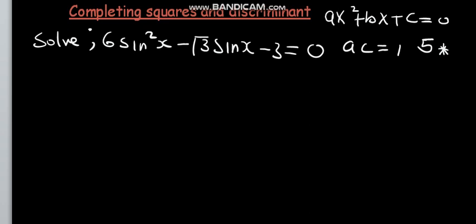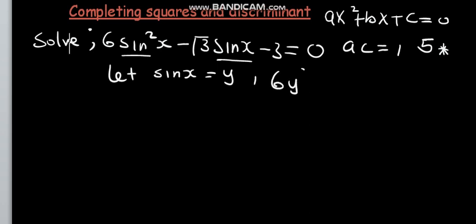But when we look at this equation, it is in terms of sine x. Therefore, we can let sine x be y. If we put y here, we shall have 6y squared minus root 3 y minus 3 is equal to 0.